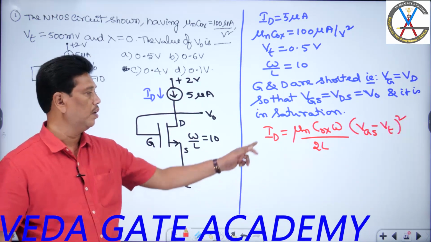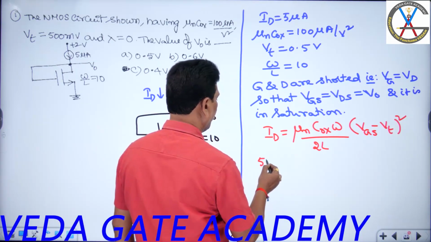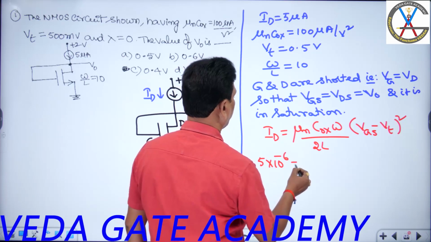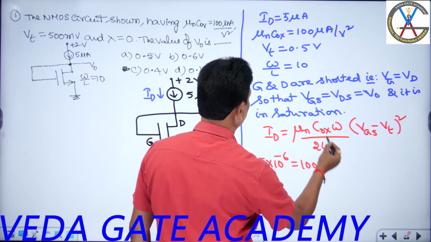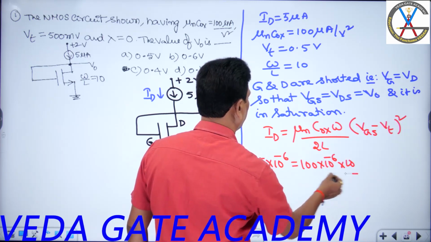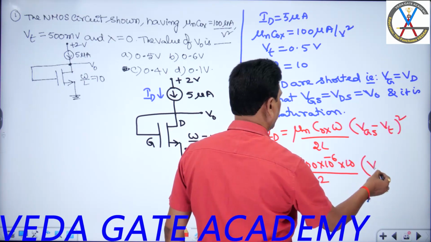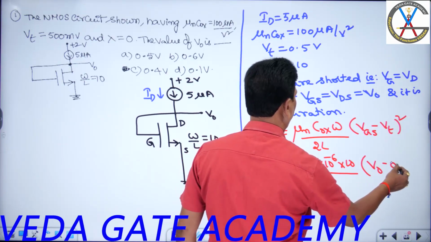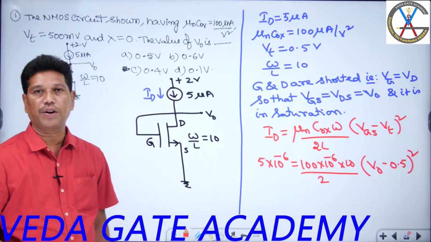Now I can substitute everything. ID is 5 micro, mu n COX is 100 micro, W by L is 10 by 2, VGS equals VDS equals V0, and VT equals 0.5, whole square. By that you can get the value of V0, students.